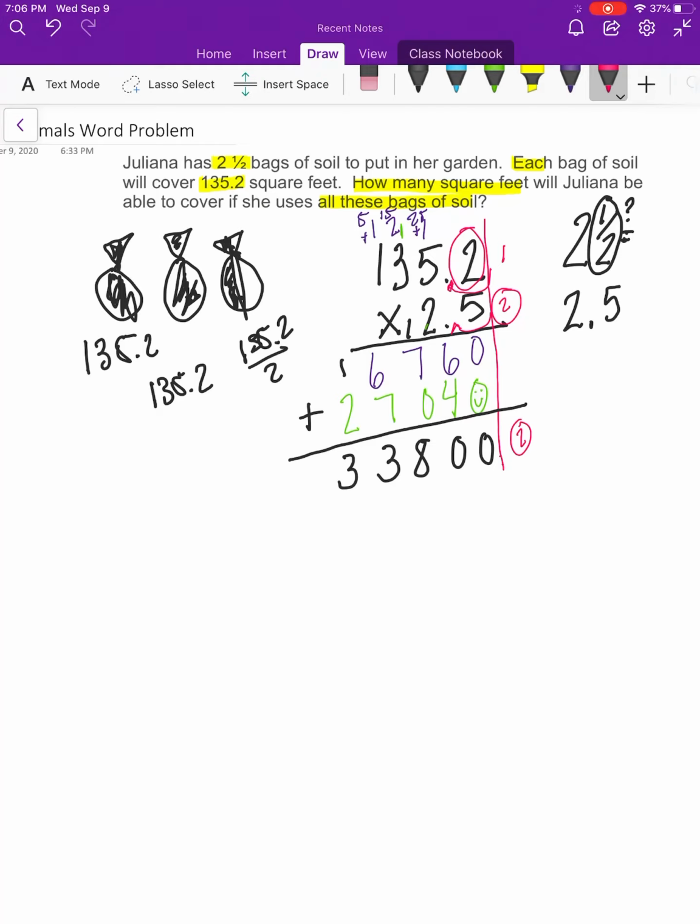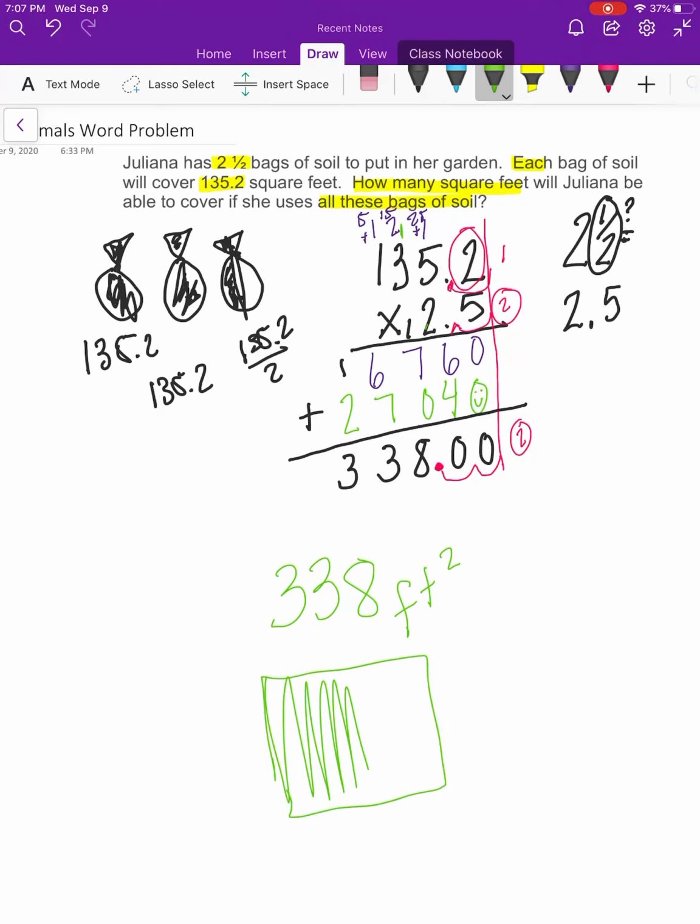So starting at the wall, I'm going to go 1, 2 to right here. So my final answer would be that I can cover 338 square feet with the soil. So my garden can cover 338 square feet.